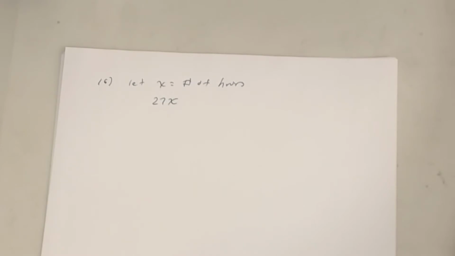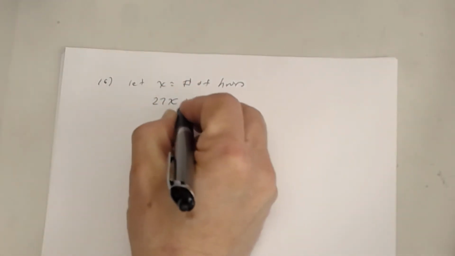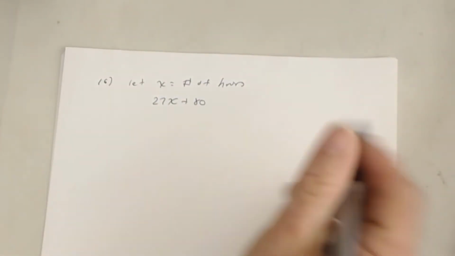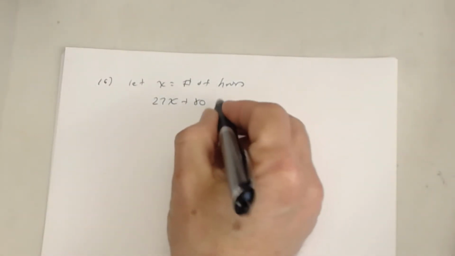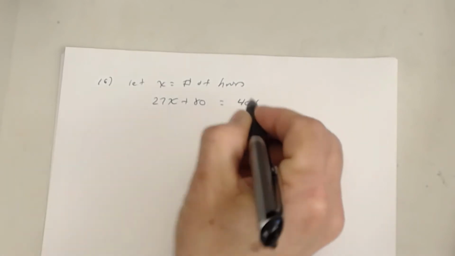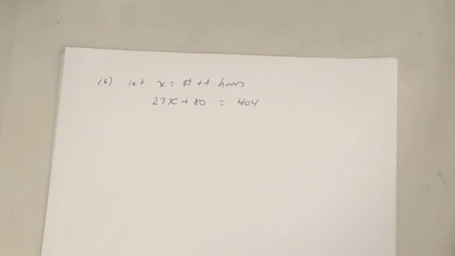So not only do I have to pay this person $27 an hour, but what else do I have to pay that person? $80. So I've got to say plus what? 80. And I know that my estimate, all this added together, has to be what? So there's your equation. 27x plus 80 has to equal 404. So that's your equation, and the rest of that is just solving for x.